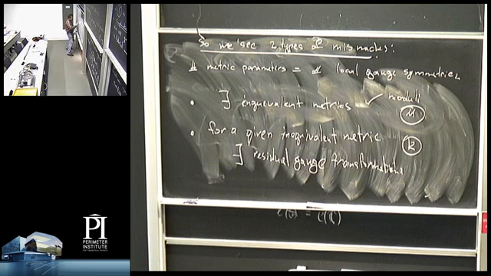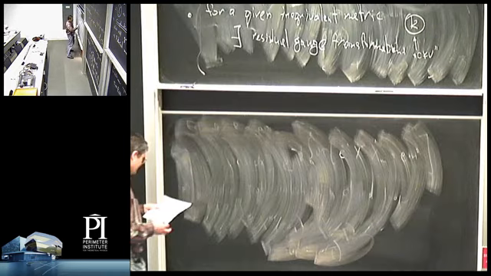And the second is, for a given inequivalent metric, I choose one of these inequivalent metrics, there exist residual gauge transformations.